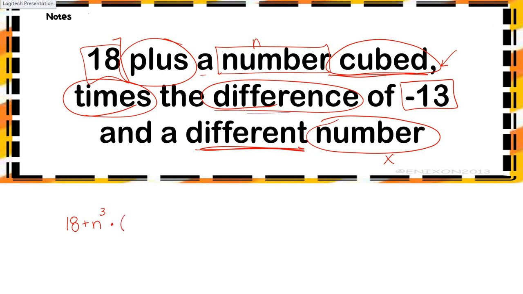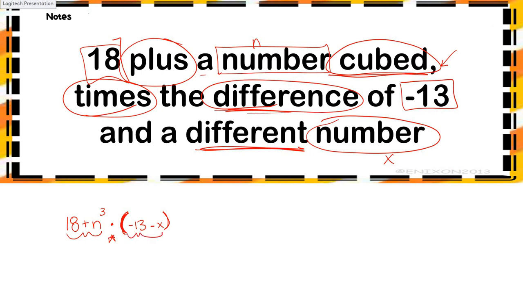So if I want the difference to happen first, we know that means I have to have parentheses, of negative 13 and a different number. So that's where that x comes in. But now here's the thing. I want all of this times all of this.